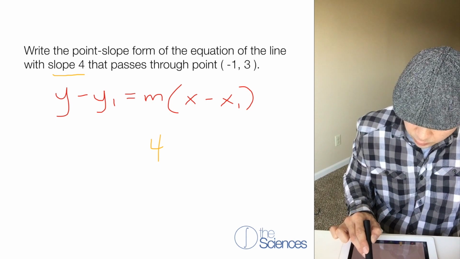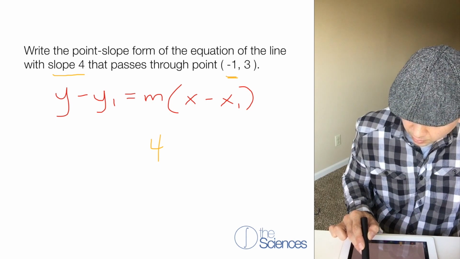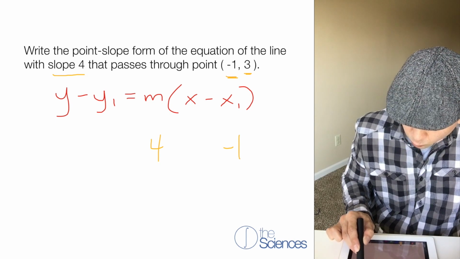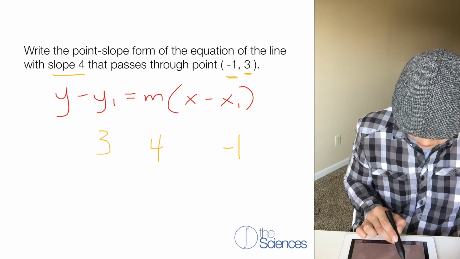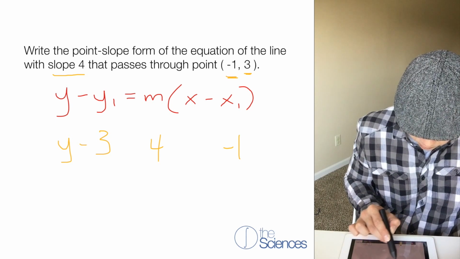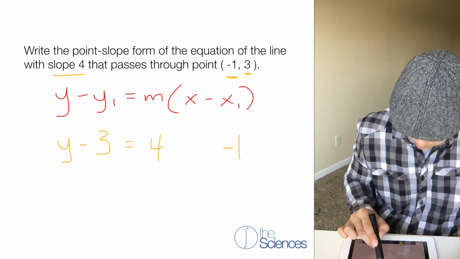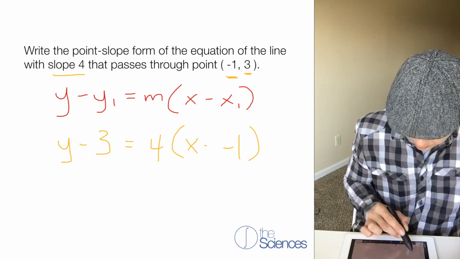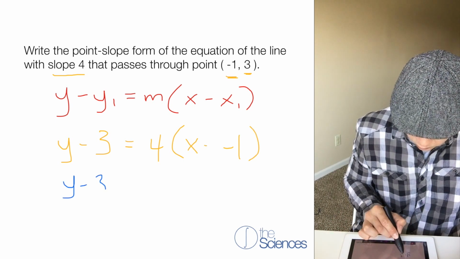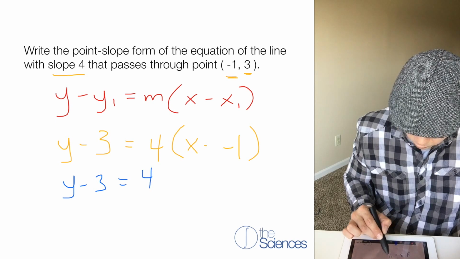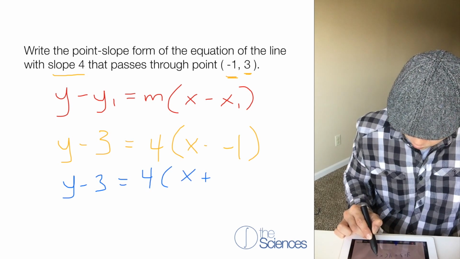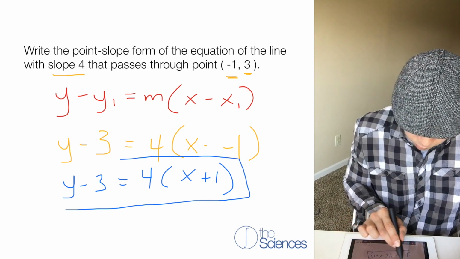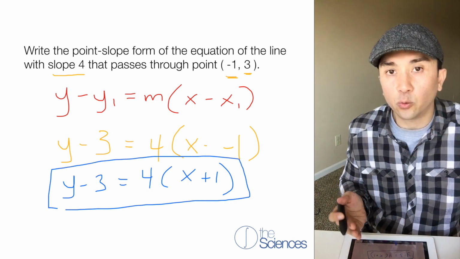We have x1, which is our point -1, and then we have our y1, which is 3. So now we can fill in the rest, and then we can simplify this as y minus 3 equals 4 times x plus 1. So that's our point-slope form of the equation of a line.